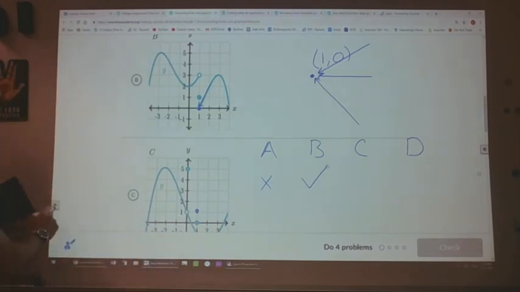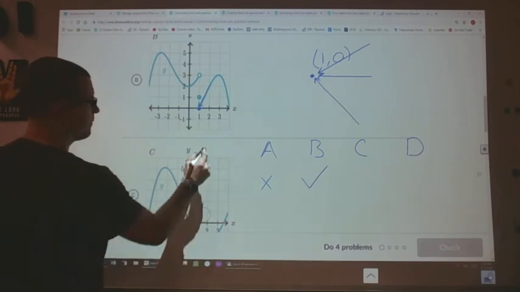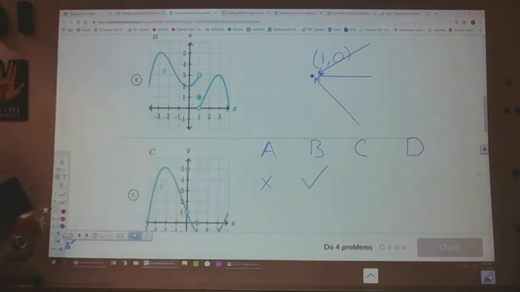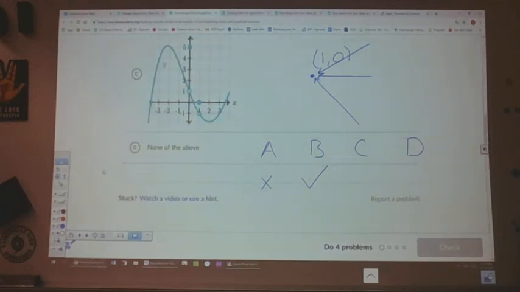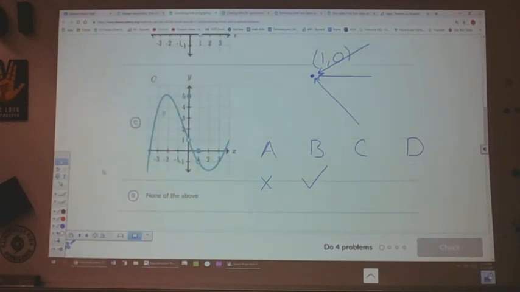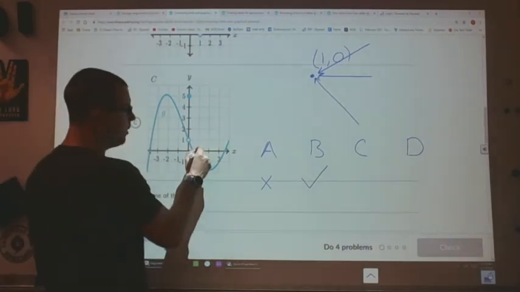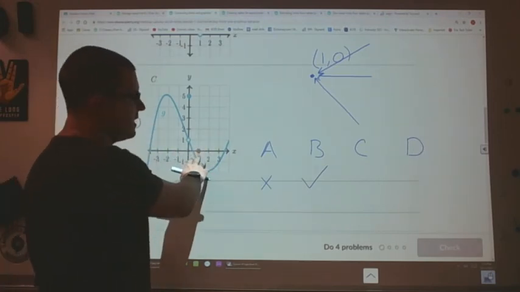C. Can't really see, so we're going to have to move it down. See if I get D on there as well. So B works. See, D is not above. So here's the point 1, 0, which on graph C, it's defined.